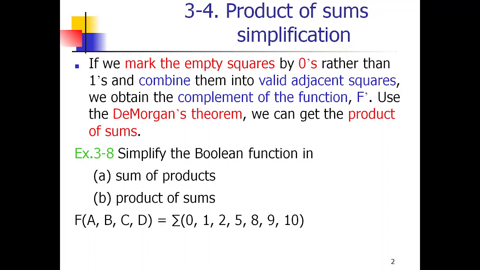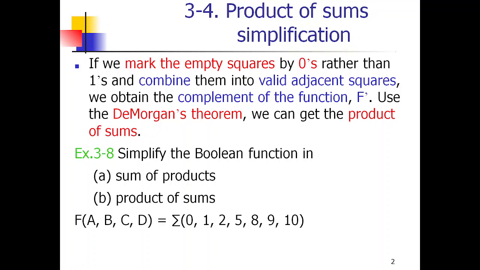If we mark the empty squares by zeros rather than ones and combine them into valid adjacent squares, we obtain the complement of the function, f dash. We have to use De Morgan's theorem so that we can get the product of sums.